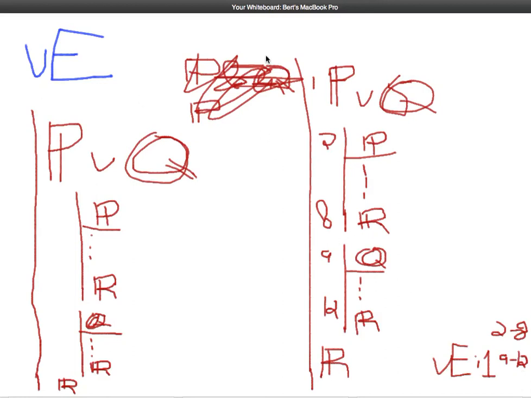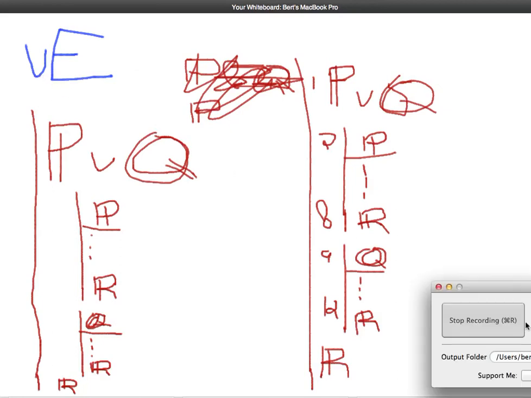Okay, so hopefully that gives you an intuition behind disjunction elimination. And during class we can go over some examples, and maybe I'll actually make an example video as well, going over how you would use disjunction elimination. Okay, so that's it for disjunction elimination and disjunction introduction.